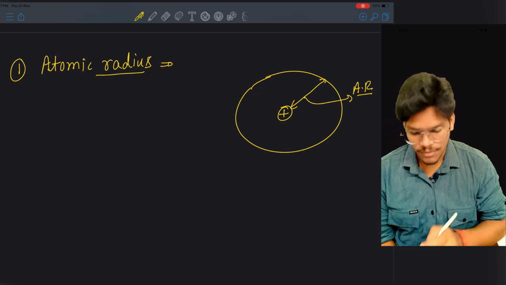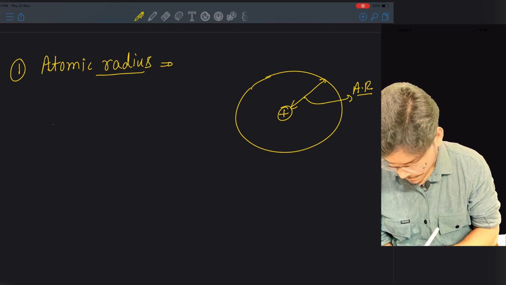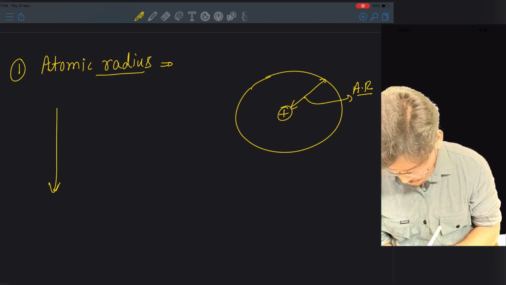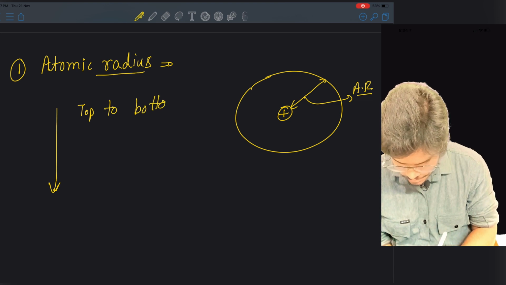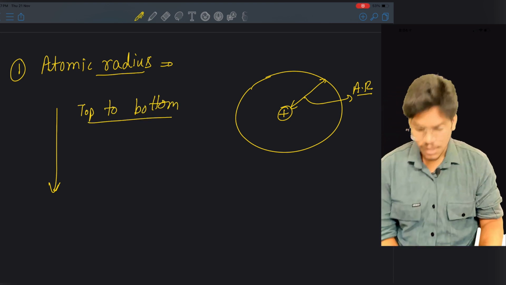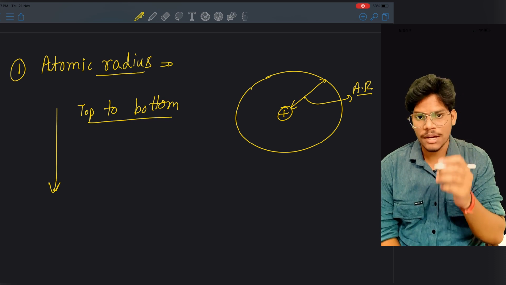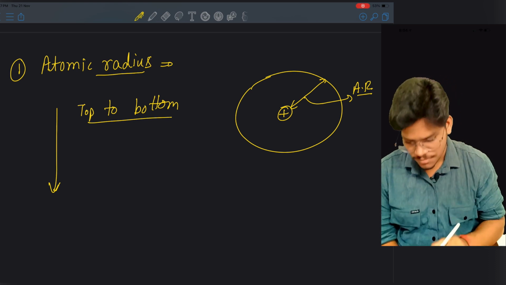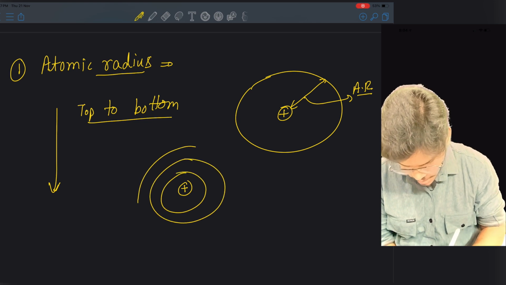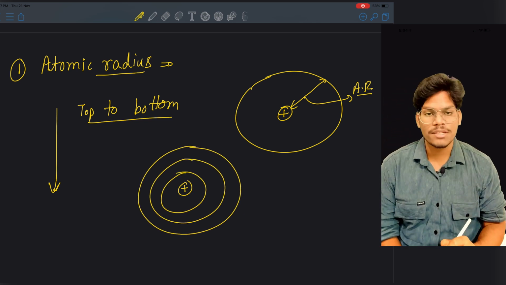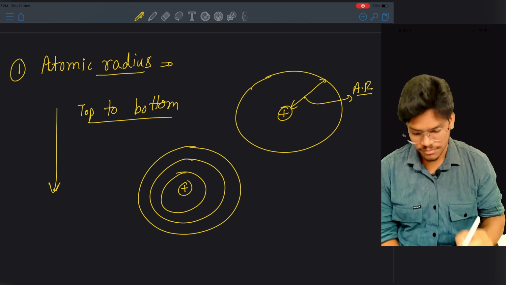So we can clearly see the trends of the atomic radius in a group. In a group, when we go from top to bottom, what will happen? The size of the atom increases because the outermost shell increases, because of the increase in the atomic number.